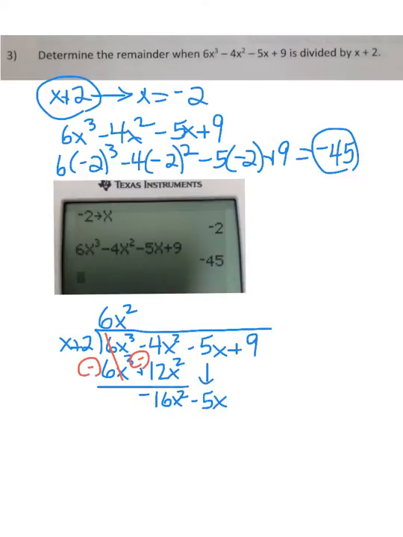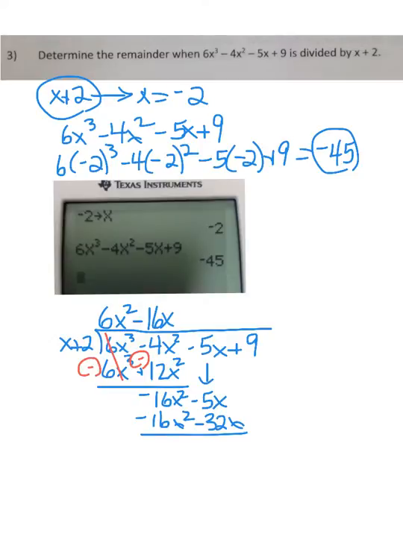What am I going to multiply this x by to get to negative 16x squared? That would be minus 16x. Distribute through, that'll give me negative 16x squared, and minus 32x.